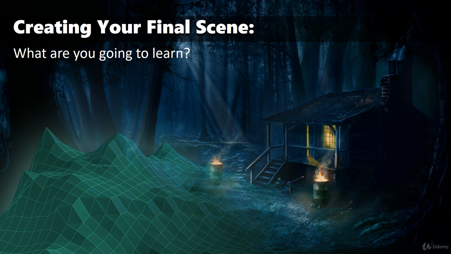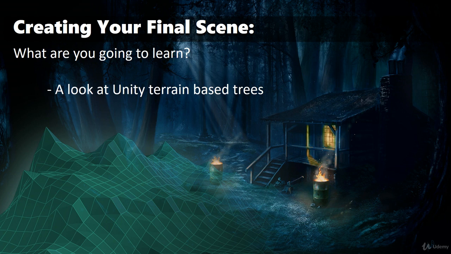So this is what we're going to do in this section. We're going to take a brief look at Unity terrain-based trees. Now, you might have noticed, but I'm not a fan of the terrain system in Unity. I mean, functionally it works fine, but it doesn't give you enough.